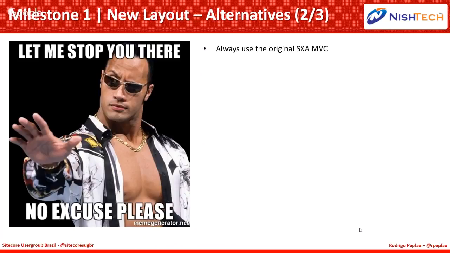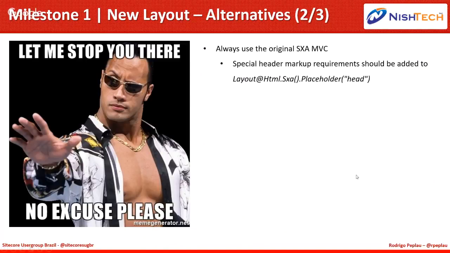Okay, but hold on. I am really using that excuse too often. So let me bring you what you should actually do. Never change the layout. Always use the original SXA MVC layout, because it is capable of handling the whole HTML.